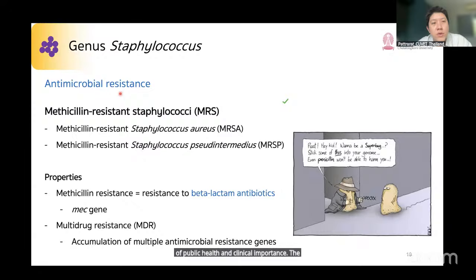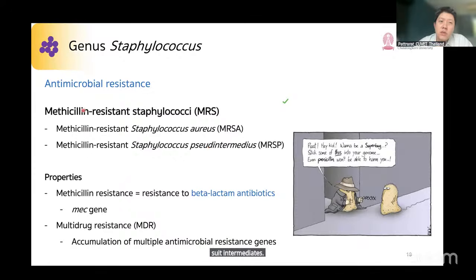The antimicrobial resistance of Staphylococcus that is highly concerned is methicillin-resistant staphylococci, or MRS. The two most important species are aureus and pseudintermedius. So we can call it MRSA for aureus, and for pseudintermedius, we call it MRSP.